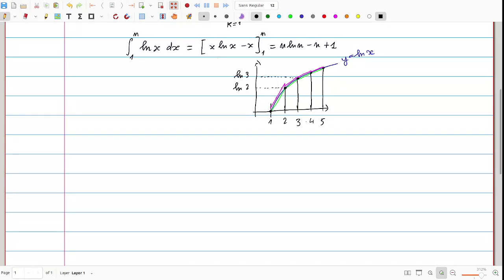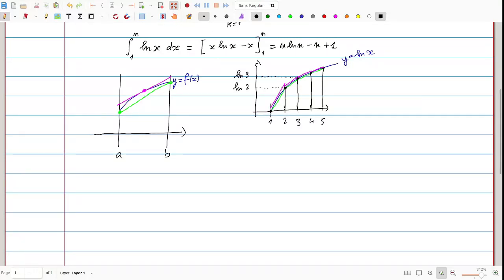Okay, let's magnify one small interval here. In general, if you have a concave function y equal to f of x, and you want to compute these two estimates: from below with the chord between the two endpoints, and from above by means of the tangent line in the midpoint of the interval.